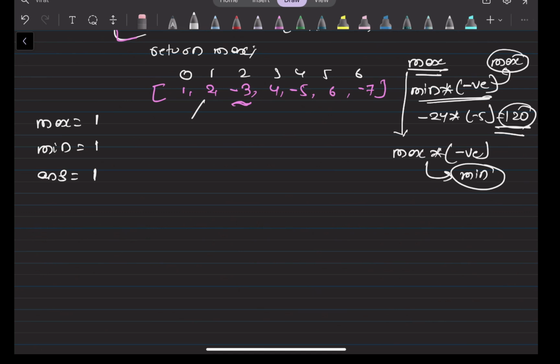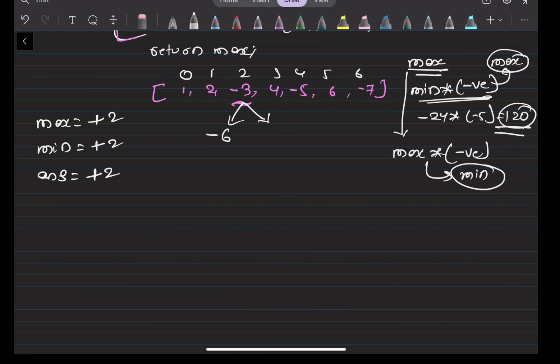So if we multiply in max, I will get 2. If I multiply in min, I will get 2. Okay, that's for sure. So can I say that my max will become 2, my min will become 2, my answer will become 2. Now let's come to minus 3. When we multiply minus 3 into max, I will get minus 6.